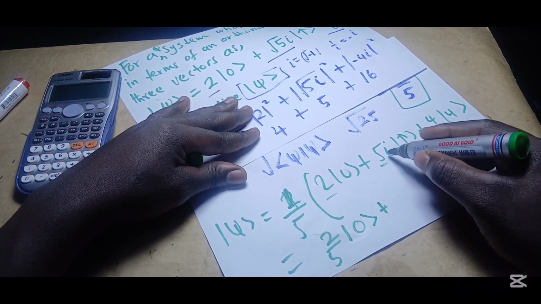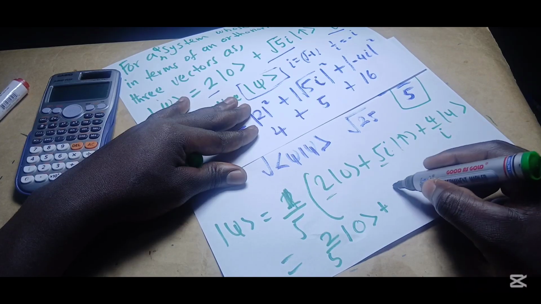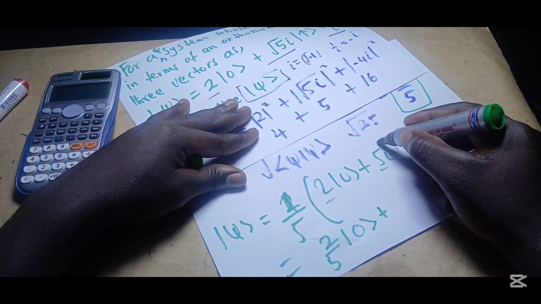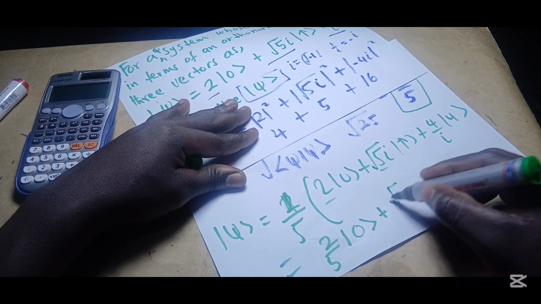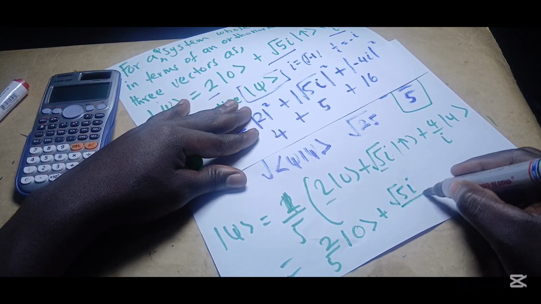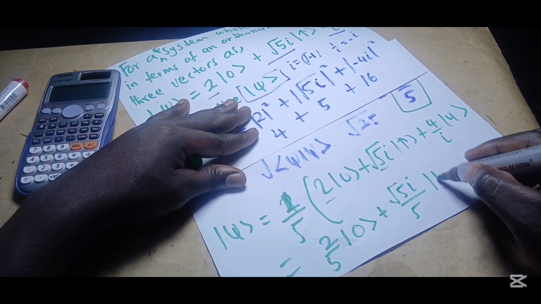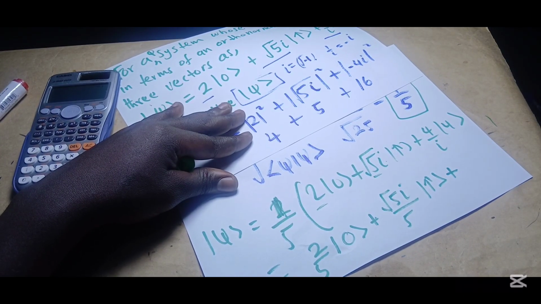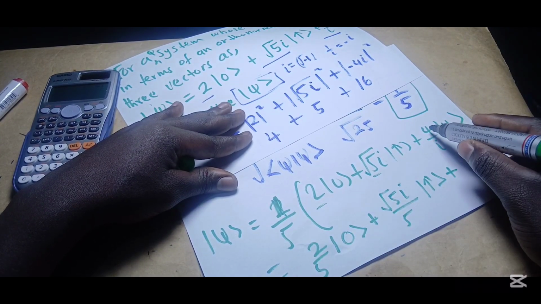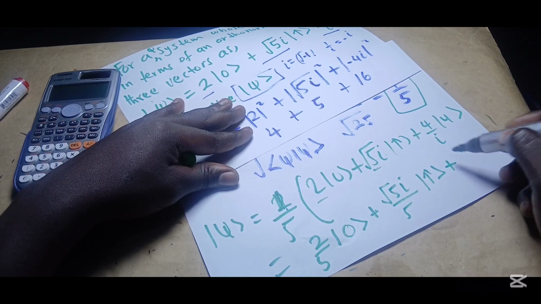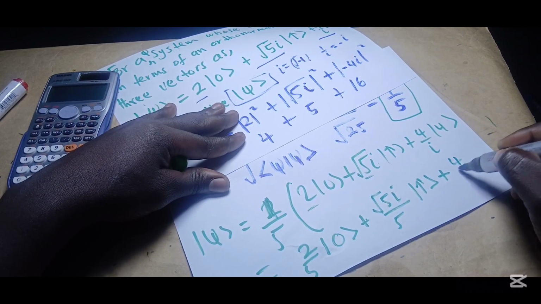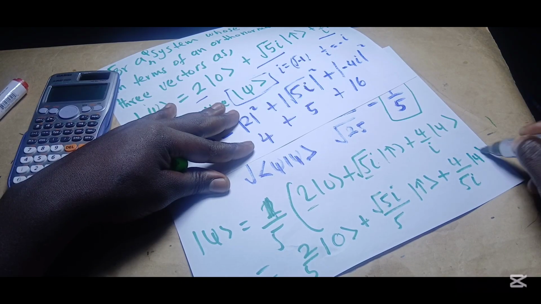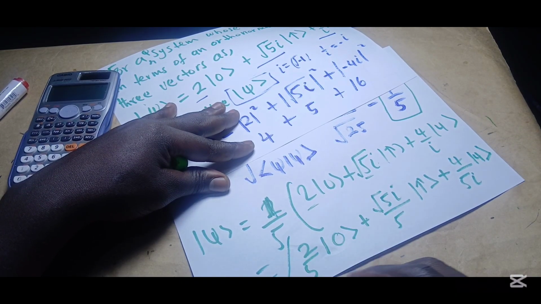Plus 1 over 5 multiplied by square root of 5i is going to give us square root of 5i all on 5, spin up, plus 1 over 5 multiplied by 4 on i, so it's going to give us 4 on 5i, ket 4. Okay, so this is our normalized state.